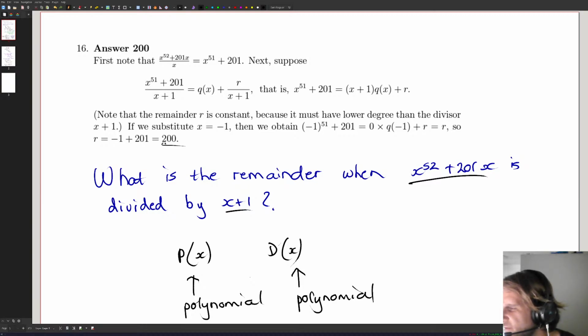Although I think they just get... Why do they get x plus 1 q of x? Why did they do... I don't know. Maybe the question is different than what you wrote here. What is the remainder when that is divided by x plus 1?